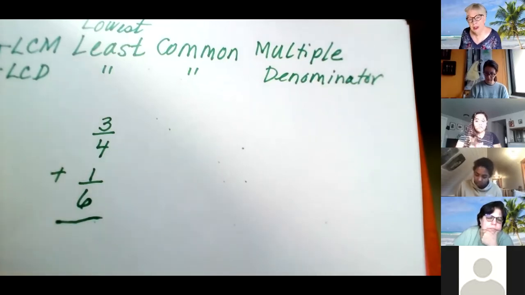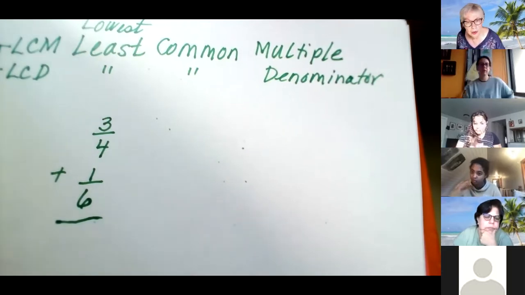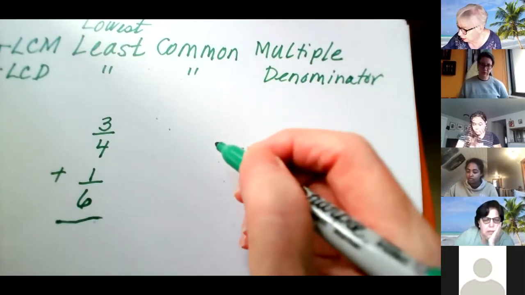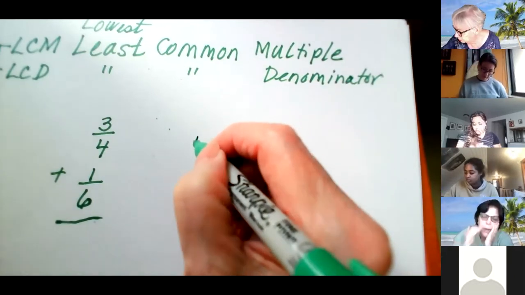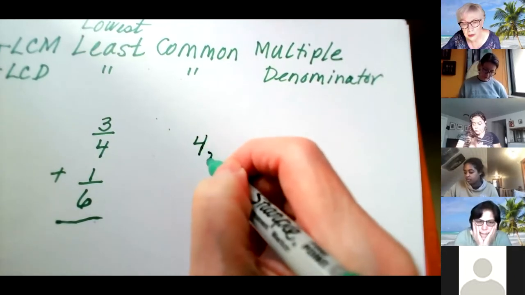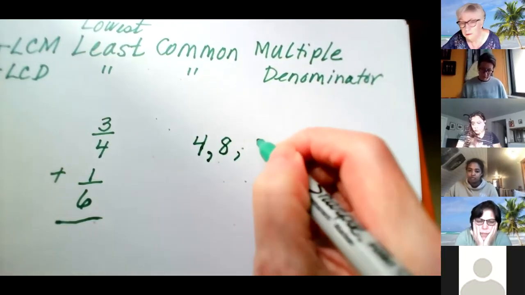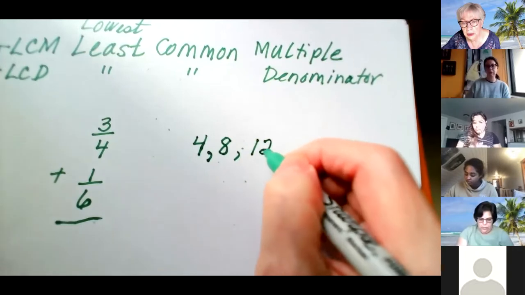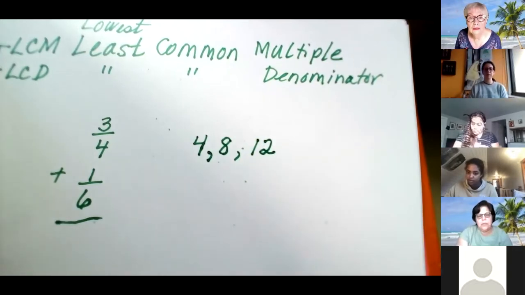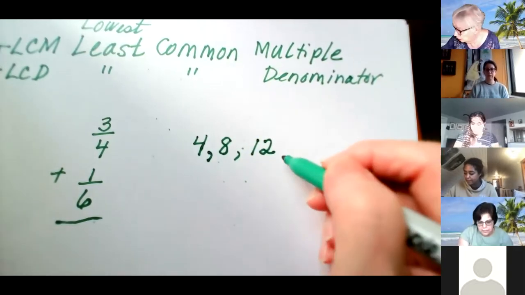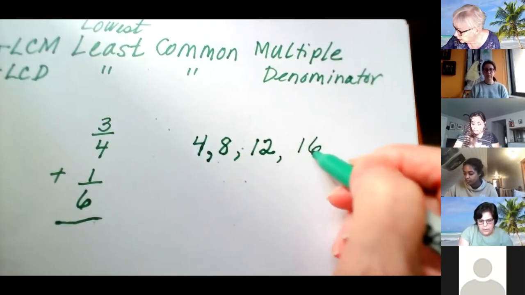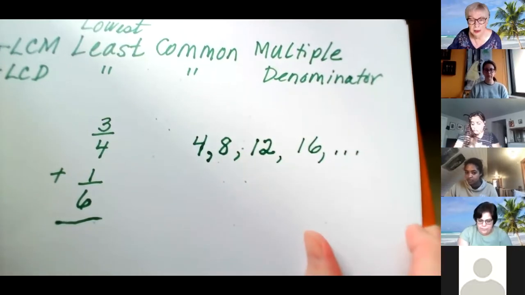And so I'm going to use this example, and you may have already figured out the correct answer, but I want to show you the process. To do multiples of 4, 4 times 1 is 4, 4 times 2 is 8, 4 times 3 is 12, 4 times 4 is 16, and it would keep on going, wouldn't it?